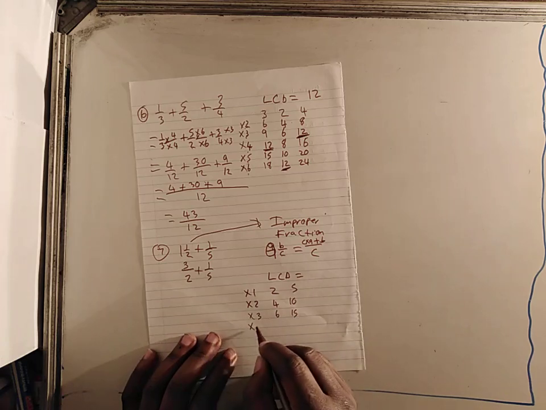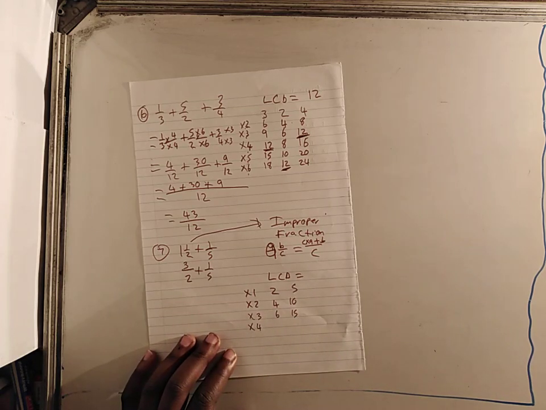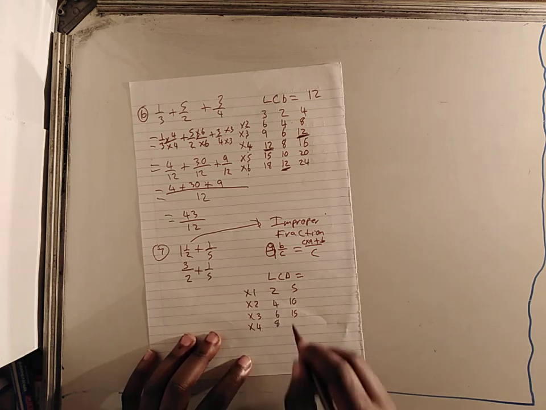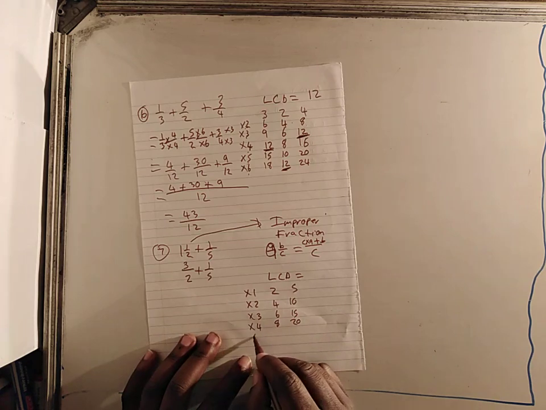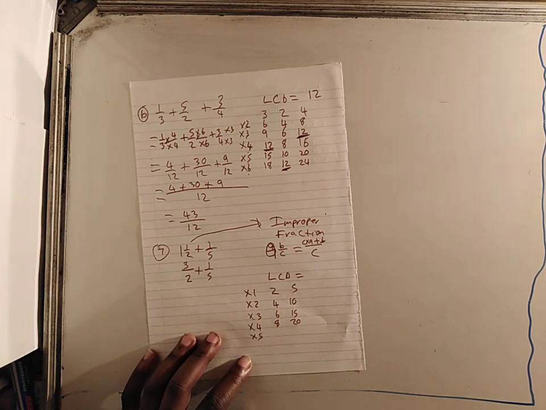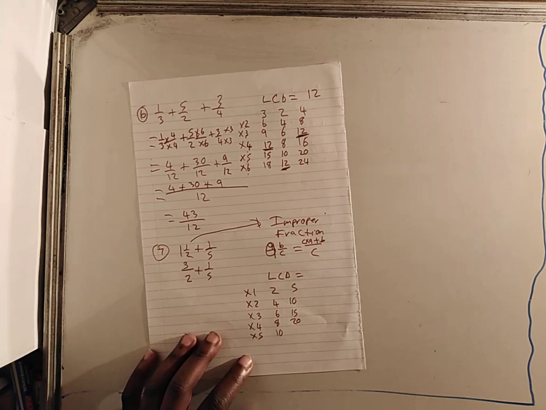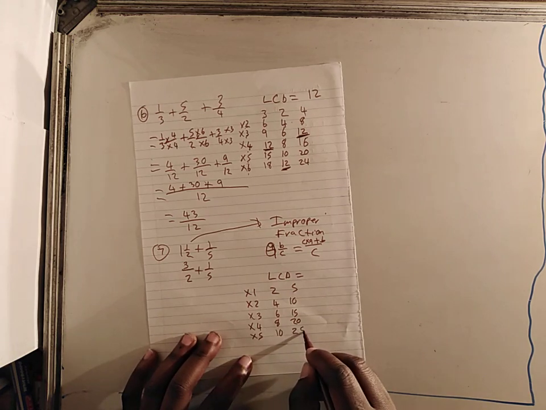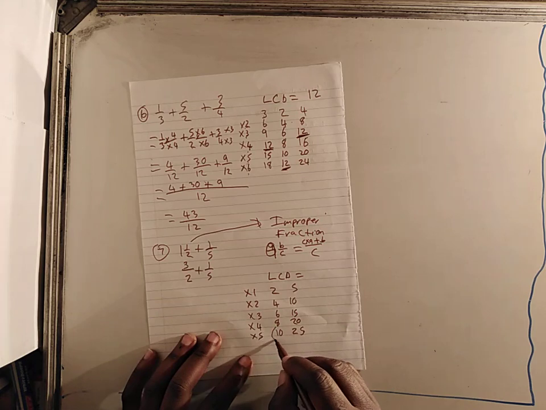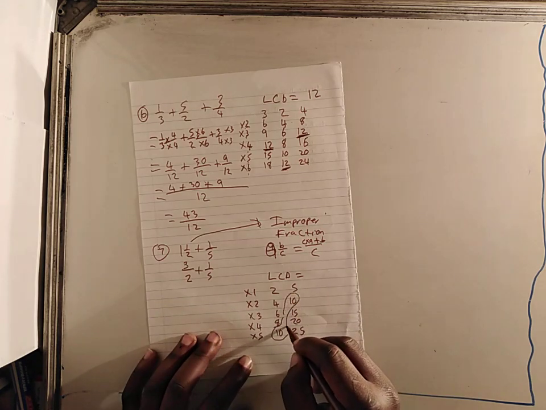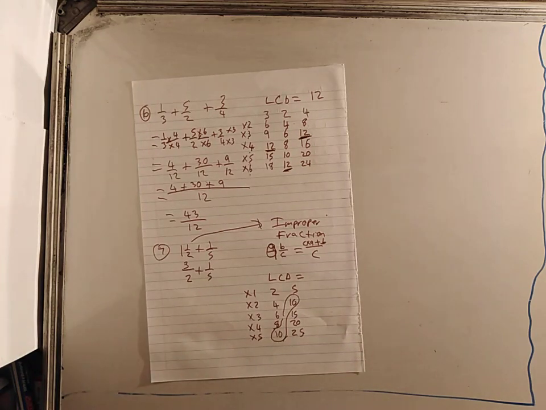All right, and then times 4. 4 times 2 is 8, and then 4 times 5 is 20, and then times 5, because we haven't found anything which is the same. 5 times 2 is 10, and then 5 times 5 is 25. Eventually, guys, we have found numbers that are the same, which is 10 and 10.